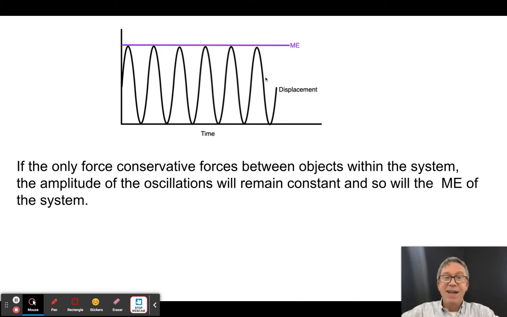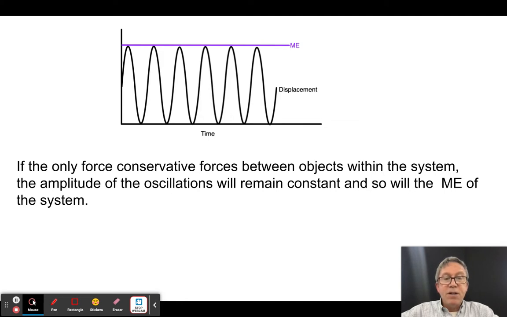So here I have a graph, and this took me a long time to make, so I hope you appreciate it. The displacement I see is remaining constant here. Now the fact that I'm coming down to zero probably tells me that this is a graph of potential energy over time, right? So the potential energy is very high, or maybe it's kinetic energy. The energy is very high, and then it comes down here, which means that if this is potential energy, now the kinetic energy is high, now the potential energy is high, now the kinetic energy is high, but the mechanical energy stays constant the whole time.